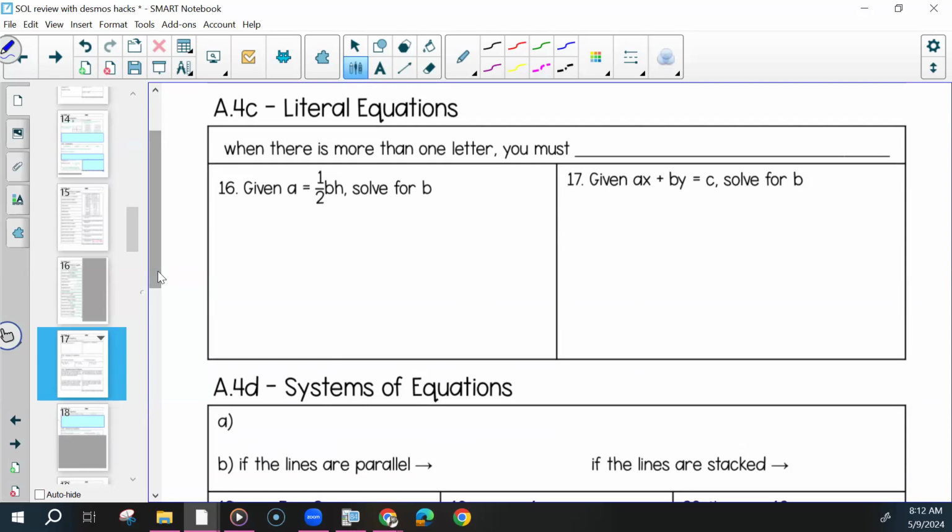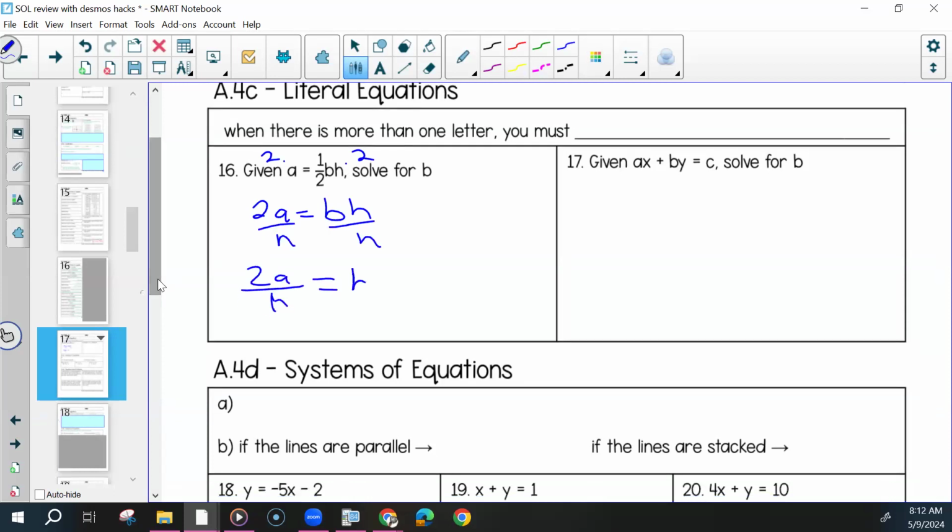How could we get rid of the 1/2 of the 8? Divide by... So instead of dividing by 1/2, let's flip it and multiply both sides by 2. And then divide both sides by 2. Literal equations cannot be done in Desmos, so you have to know how to solve.